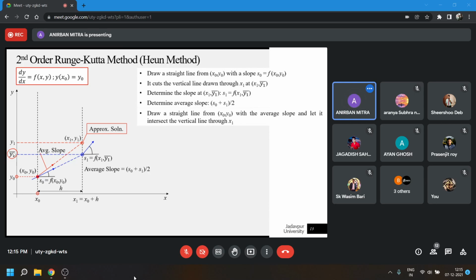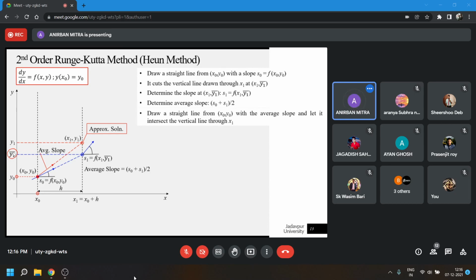So what have we done? We have first of all obtained the average slope. How do we get the average slope? We get two different points. One is already known, that is the initial point. And from that initial point, using the slope S0, we have got another point y1 bar. But this is not the solution. Here, what we are interested in is the slope at that point. So we have calculated S1. Now we have 2 slopes, S0 and S1.